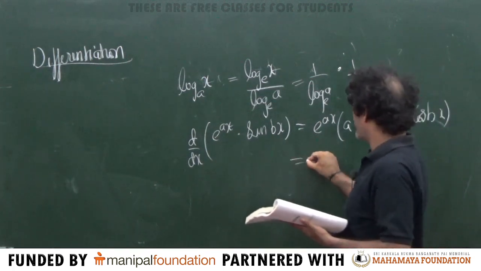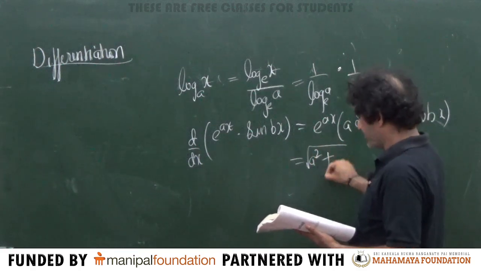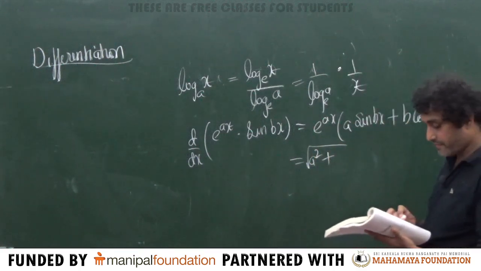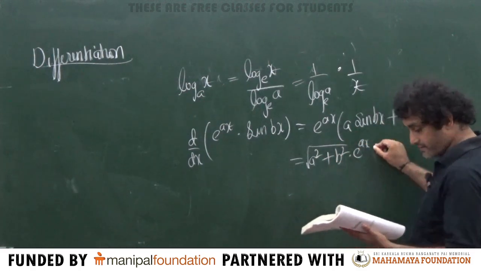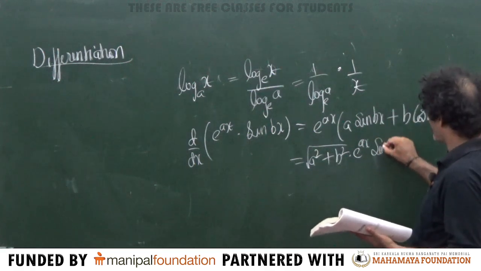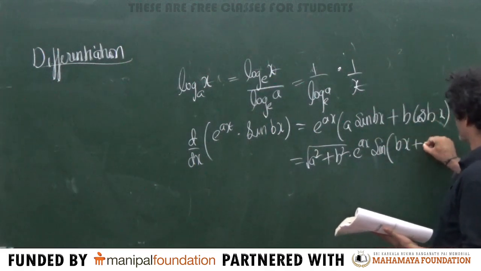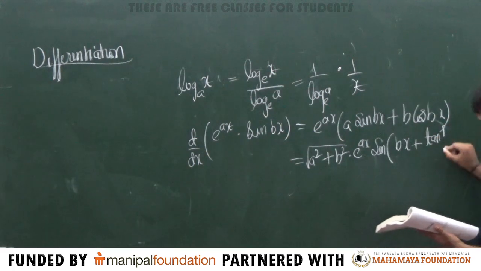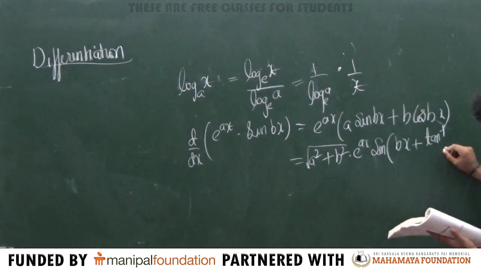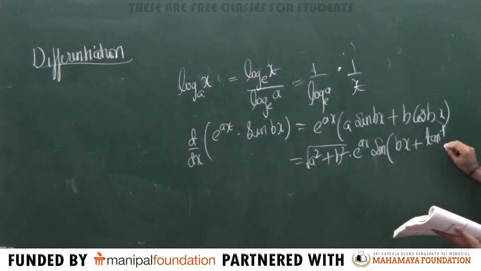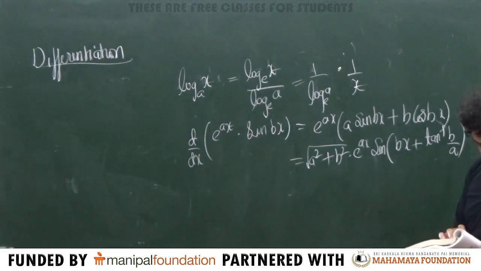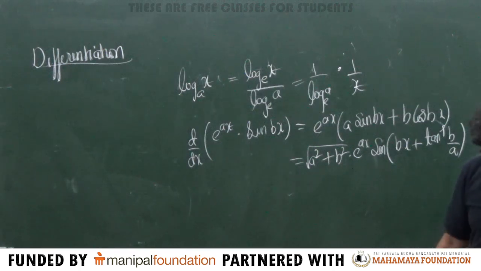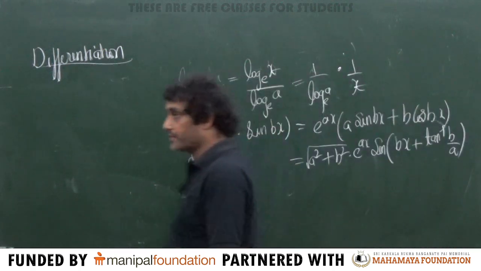But the other formula is new, you never had it: root of a square plus b square, e power ax, sin of bx plus tan inverse b by a. That's a constant, right? Please copy this.